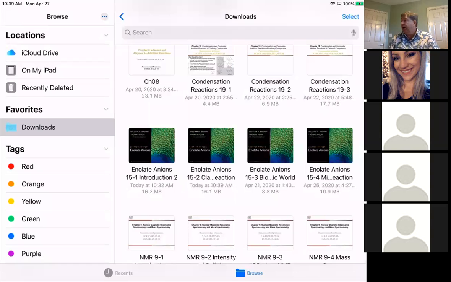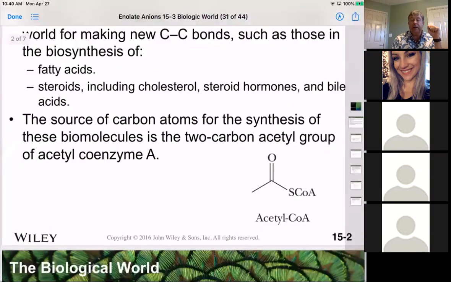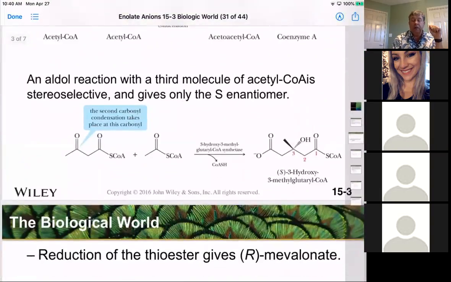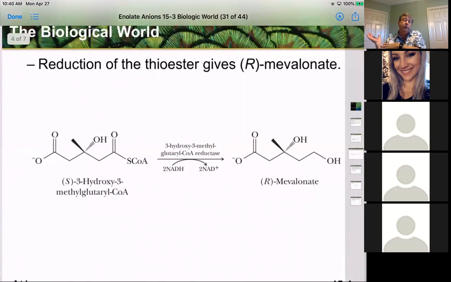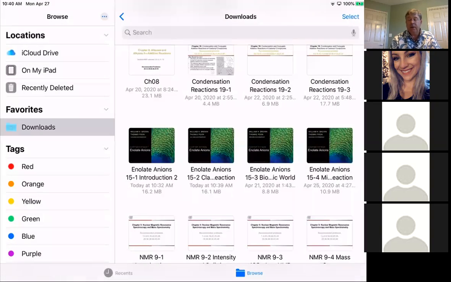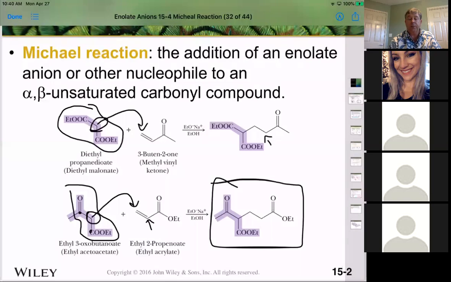All right, questions? There are some slides in the book about how you can use these enolates inside of biological systems, but this is going to be covered if you go do the follow-on course with the biochemistry. And so I wanted to skip ahead and look at the Michael addition, which is another reaction we can do.